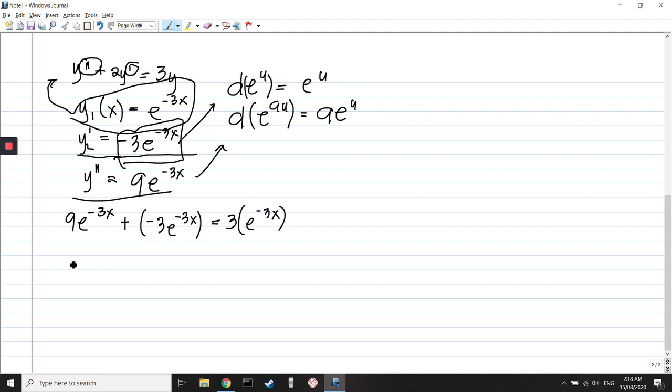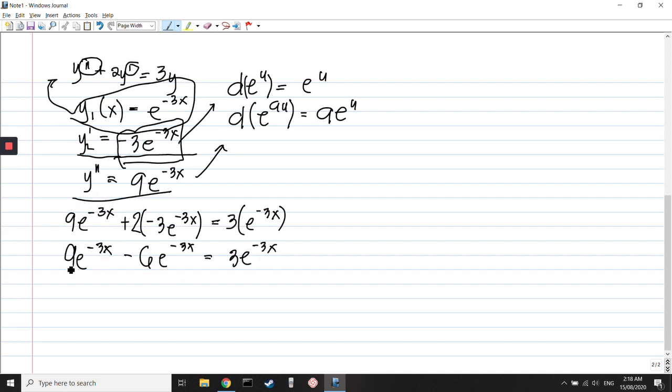So 9e raised to the power of 3x plus, oh, I forgot the 2 right here. So 2 times 3 is equal to 6e raised to the power of 3x, which is equal to 3e raised to the power of 3x.